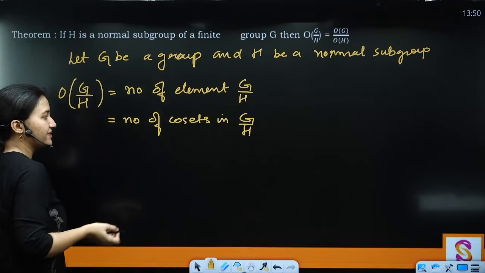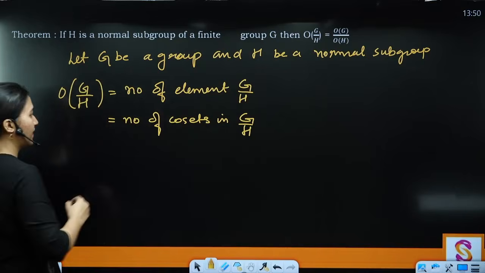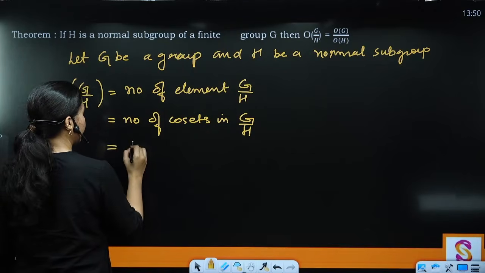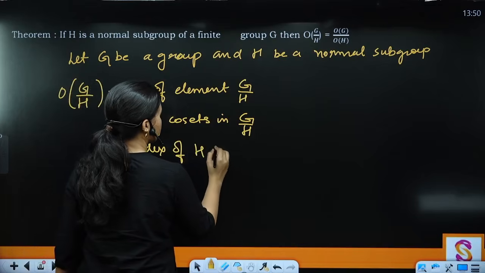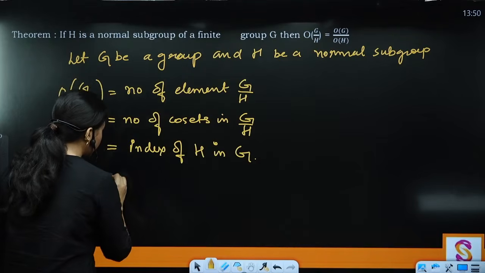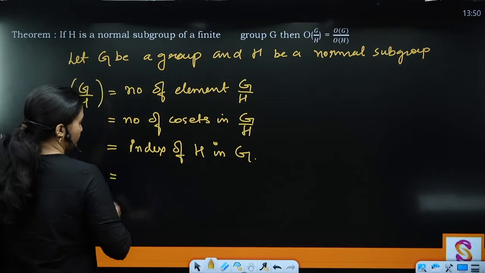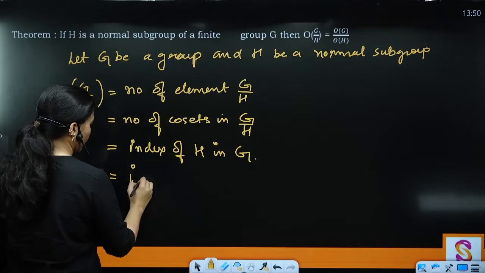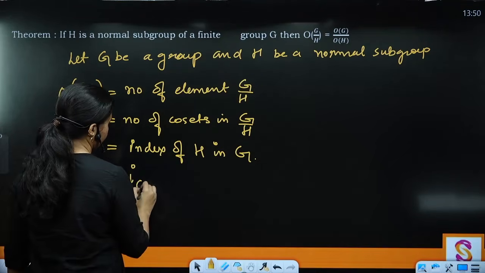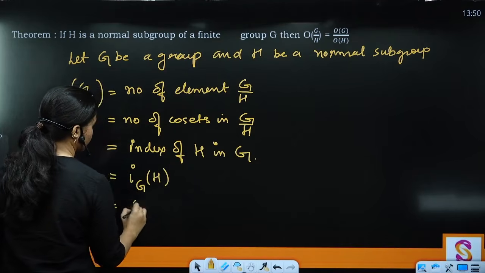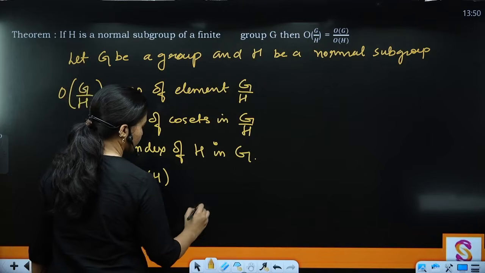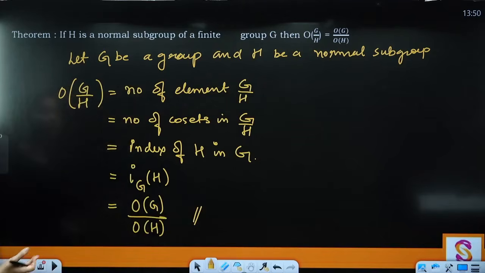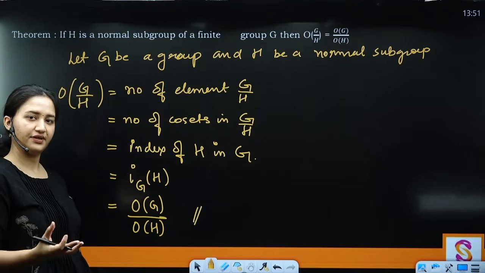If number of cosets are to be calculated in G by H, what do I need? I need the index of H, which is nothing but order of G divided by order of H, right? This is exactly what we wanted to show, that order of G by H is equal to order of G divided by order of H, right?